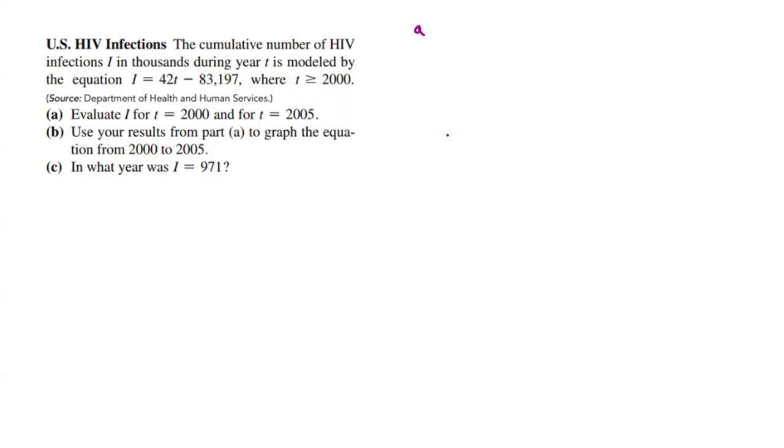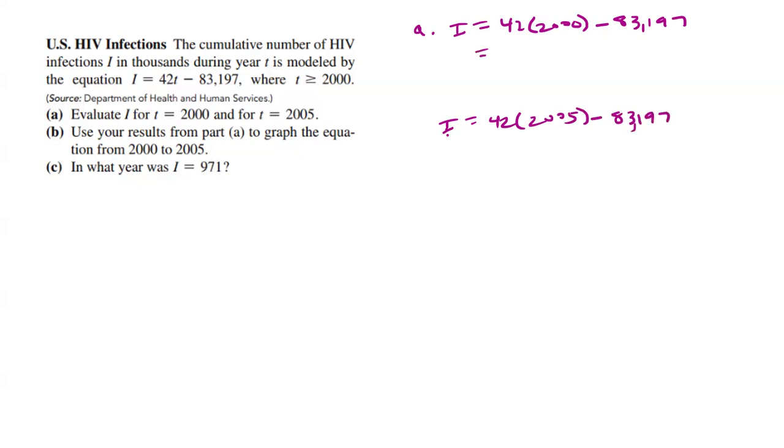So A, we have I is equal to 42 times 2,000 minus 83,197. And then we have I is equal to 42 times 2005 minus 83,197.